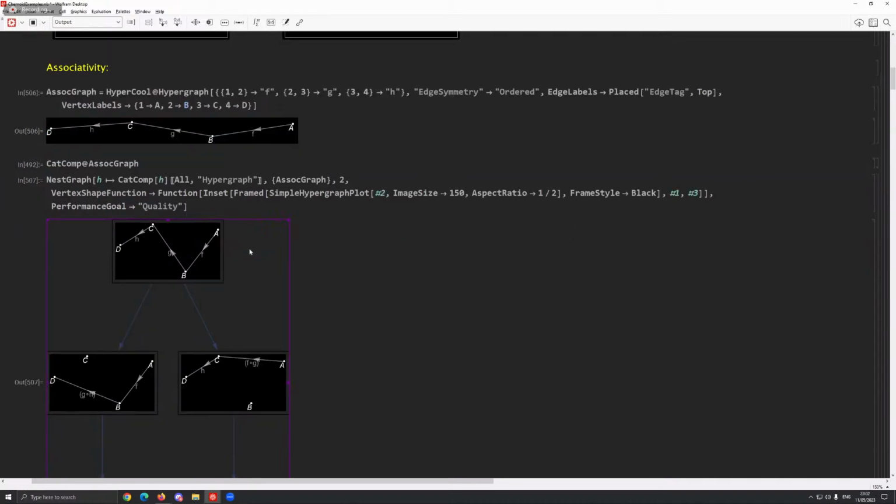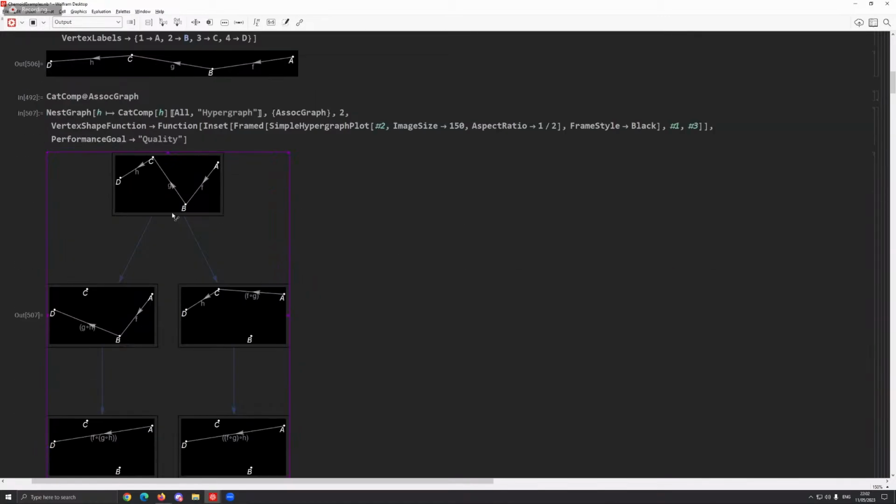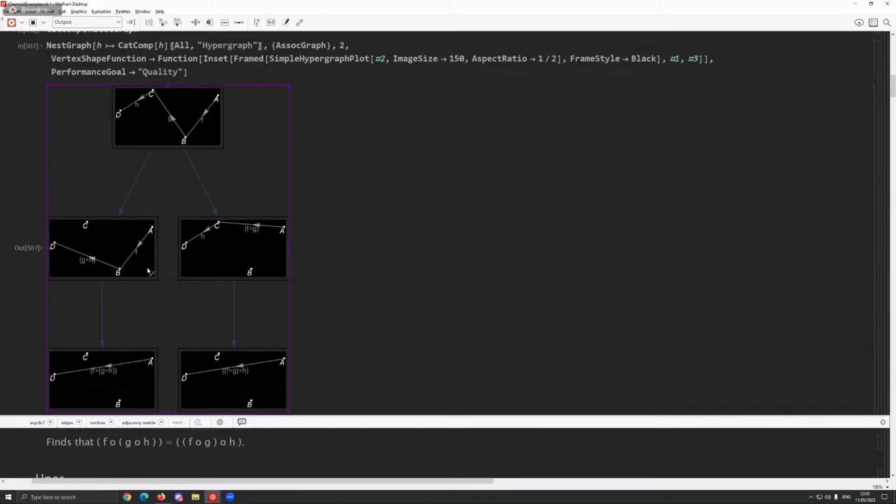And you basically just apply the composition rule to this. So you can apply it either to FG, so you get FG on the right, or you go to GH, so you get GH on the left. And then you apply again, because again, it's the same pattern, and you get a single arrow from A to D, but one is labeled by F bracket GH, and the other is the other way.